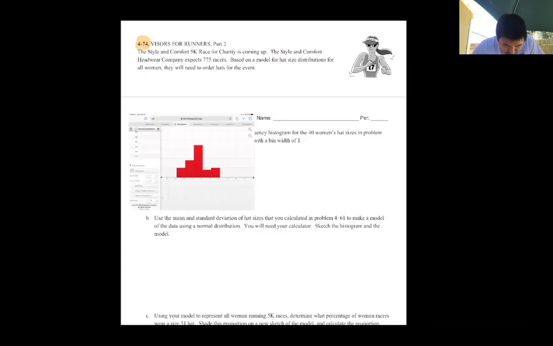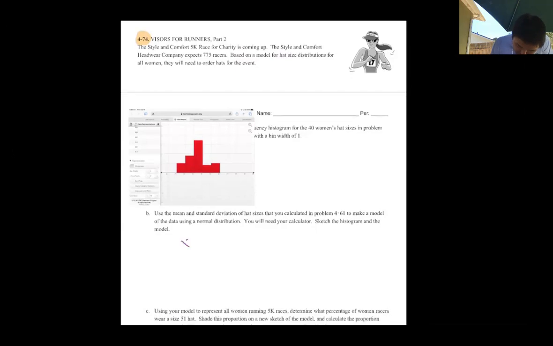B. Using the standard deviation, calculate the problem for one day and model the data using the normal distribution. So X bar equals 53.3325 and S equals 1.1195.